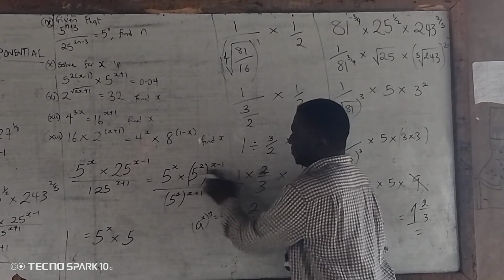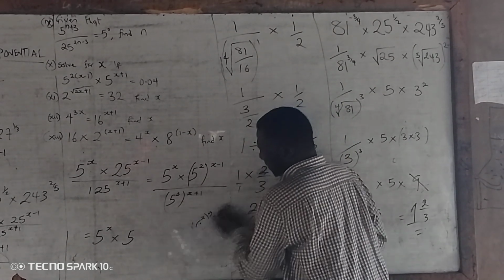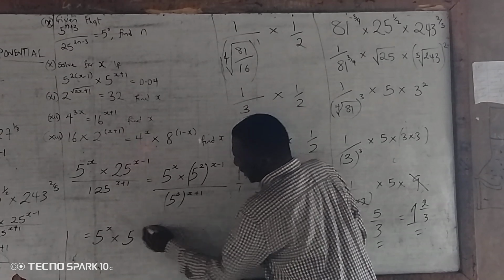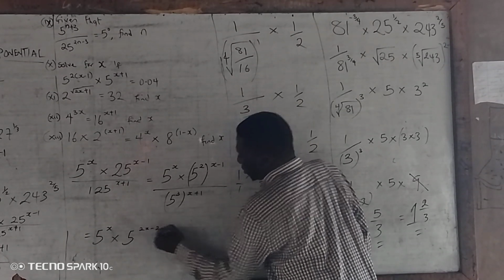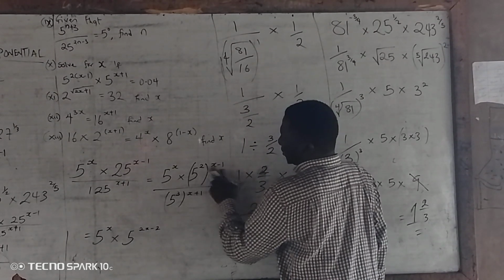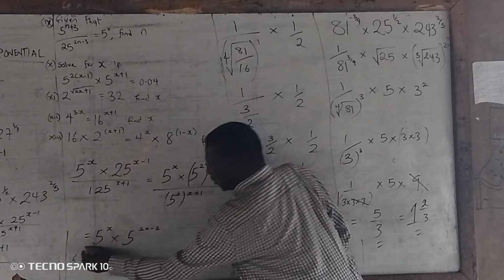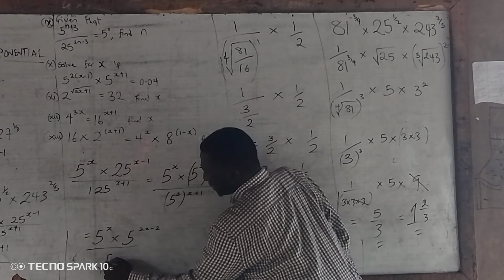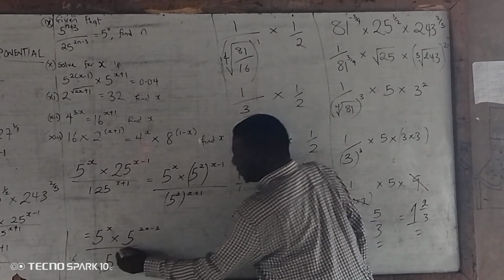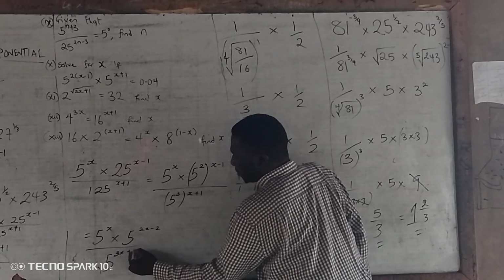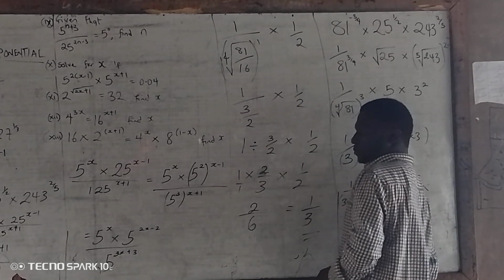So we multiply the powers here, and we will have 2x minus 2. We do the same thing down here, multiplying the powers, which gives 3x plus 3. Alright, so that's that.